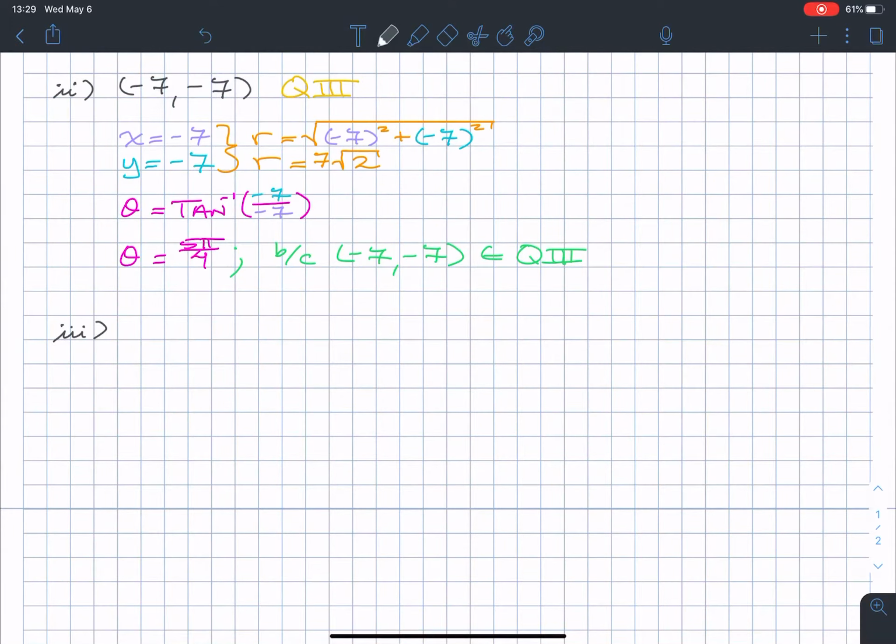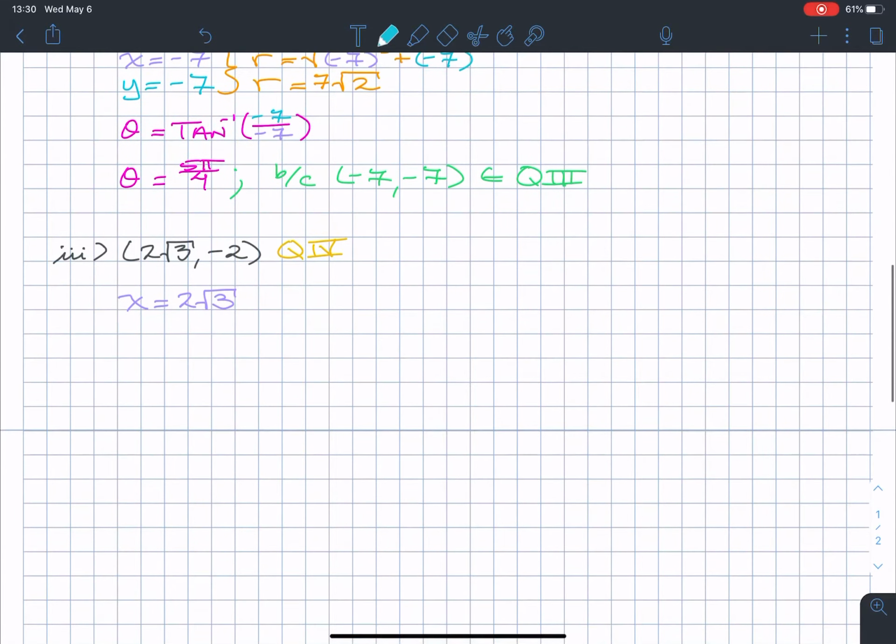Okay, so number 3. Let's say we have the point (2 times the square root of 3, -2). So this is in quadrant 4, right? So now tangent will be normal for our normal inverse. So x is 2 root 3, and y is -2.